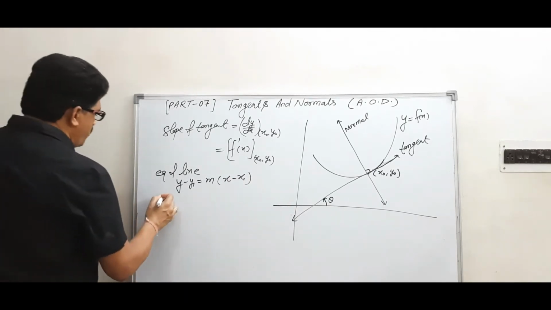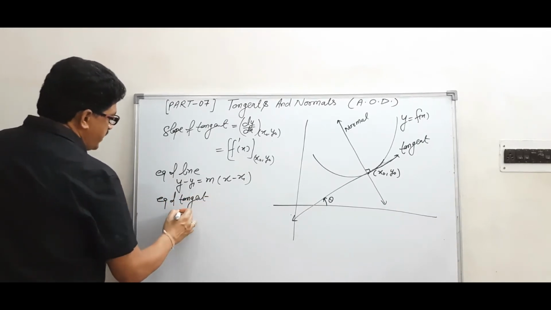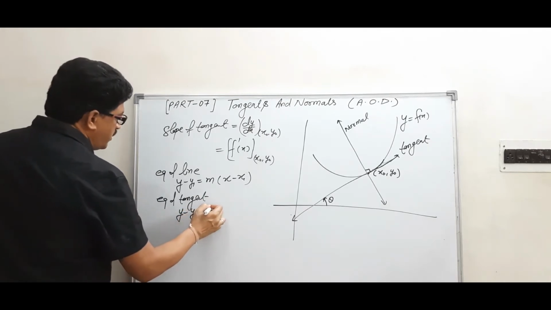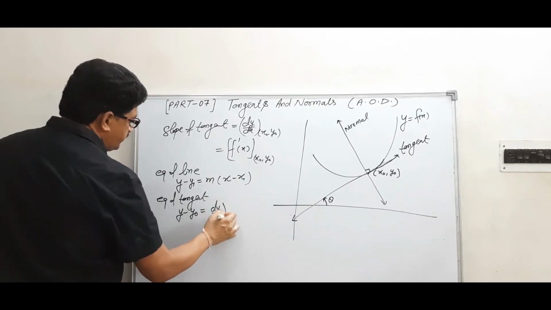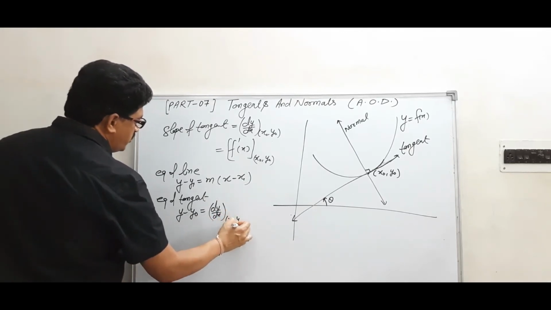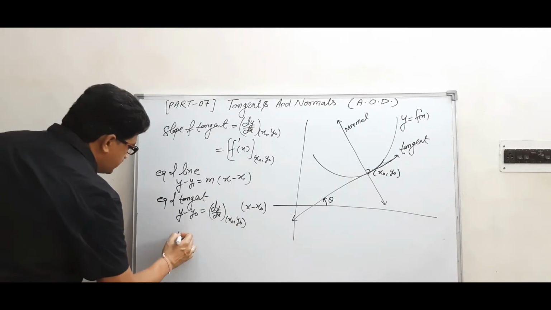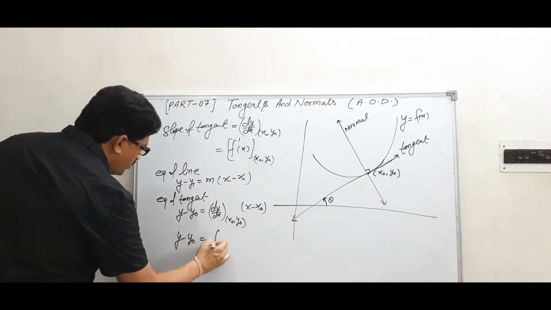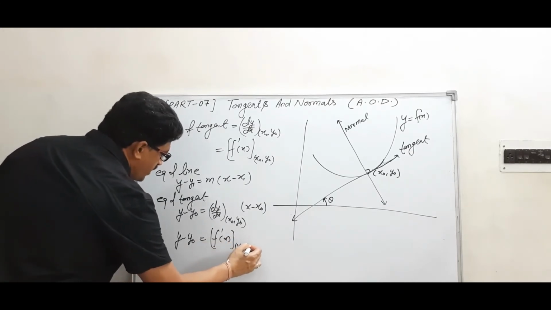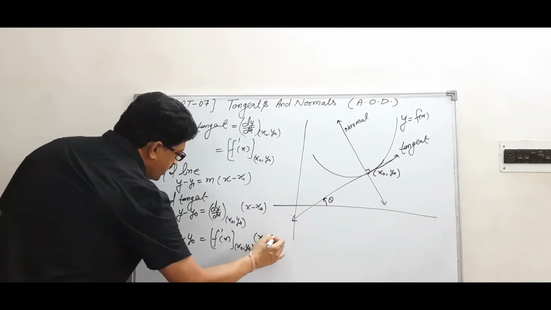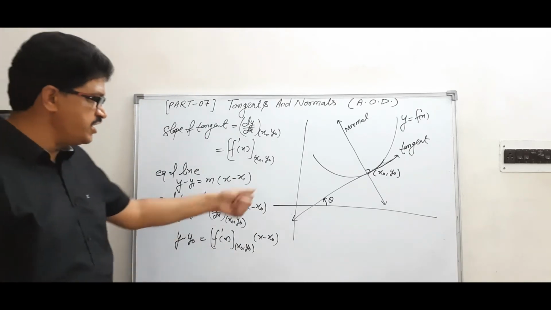So here equation of tangent is y minus y0, in place of m we can write dy by dx at x0 y0, into x minus x0, or we can say y minus y0 equals f dash x at x0 y0 times x minus x0. So this is the equation of tangent, because tangent is a straight line.